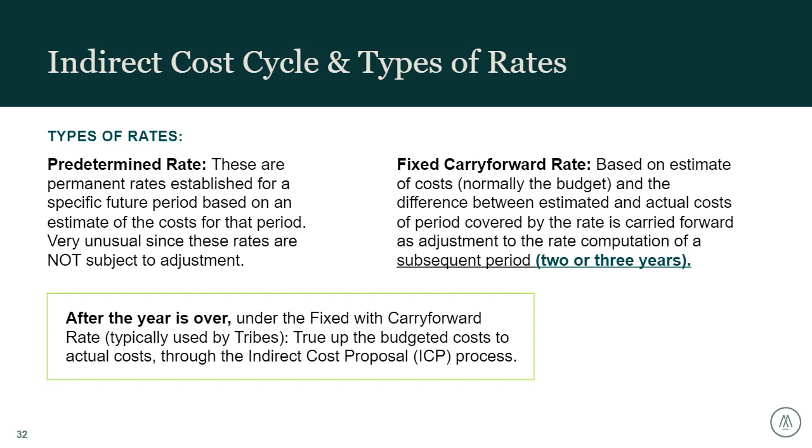So basically, again, to repeat, a fixed carry forward rate has the same characteristics as a predetermined rate, except that the difference between the estimated and actual cost of the period is carried forward as an adjustment to the rate computation of a subsequent period.